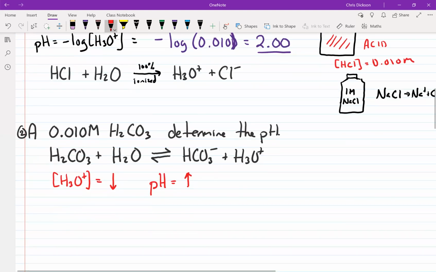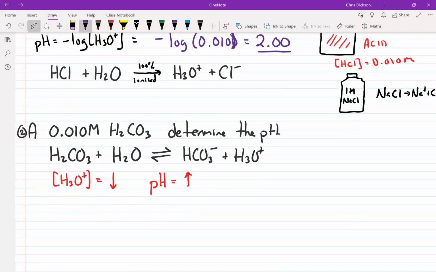Okay, so how would we tackle a problem like this? Well, I'm going to erase this part right here. And what I'm going to do is reuse the equation. Now, because it creates an equilibrium, I'm going to create an ice table here. You can use the R if you want for rice table, but ice is good too.